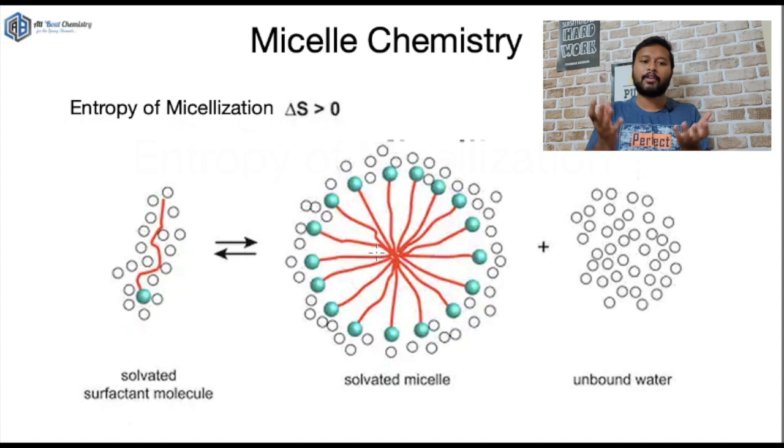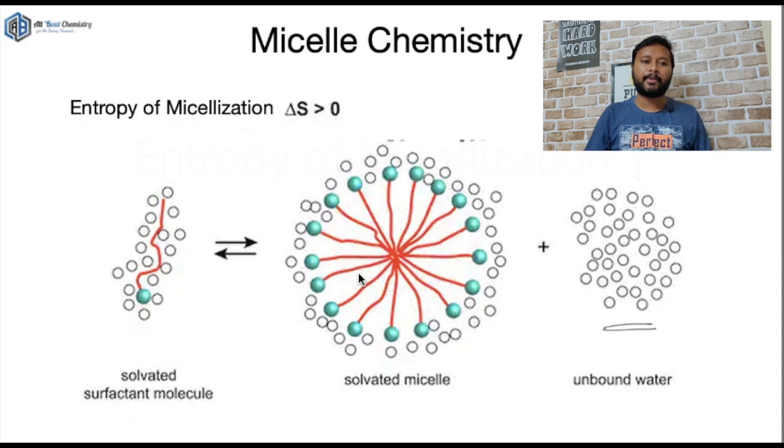Now they will be just surrounding the whole micelle. So a lot of unbound water or unbound solvent will be available over here, which will not be bound now, because the surface has been buried inside this micelle, right?